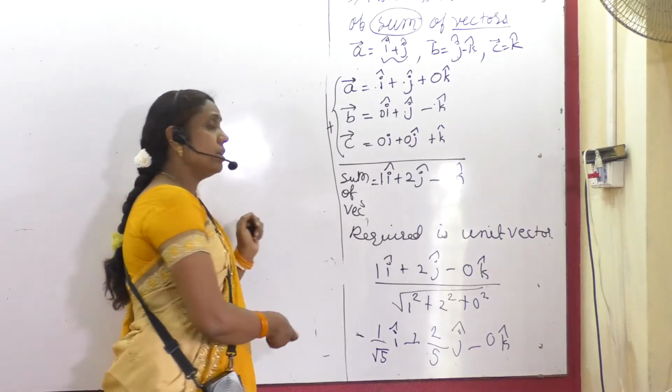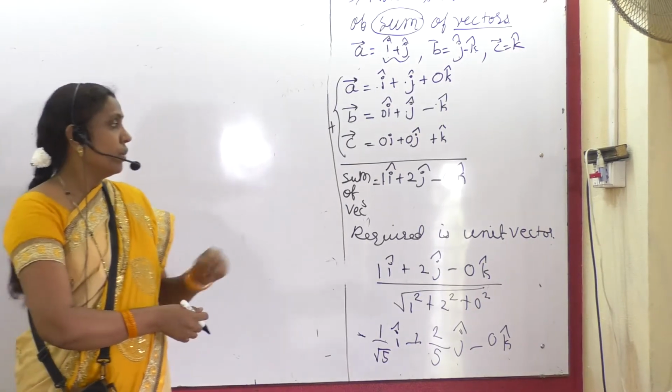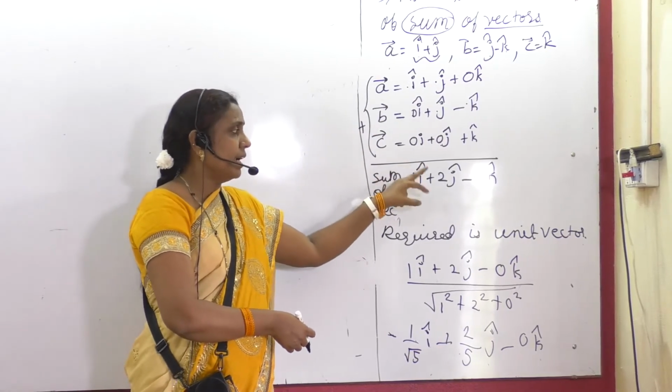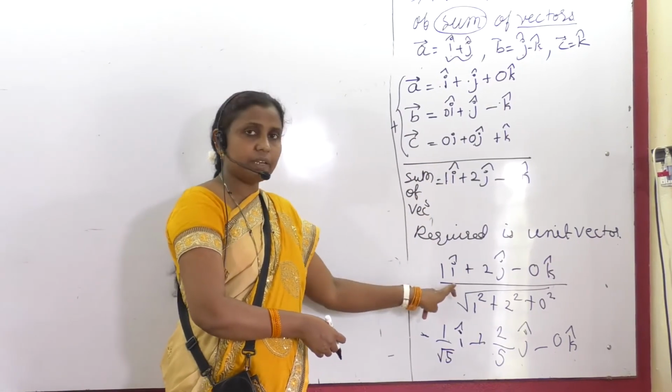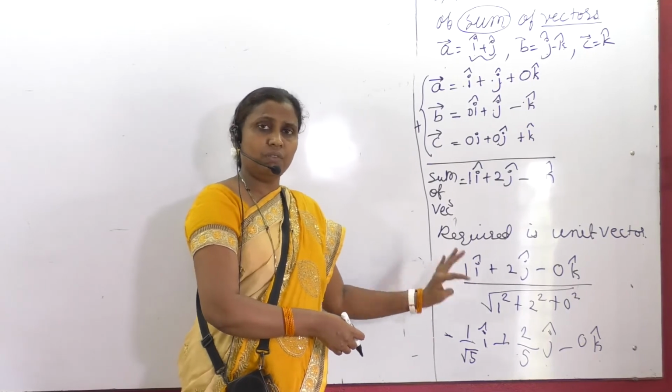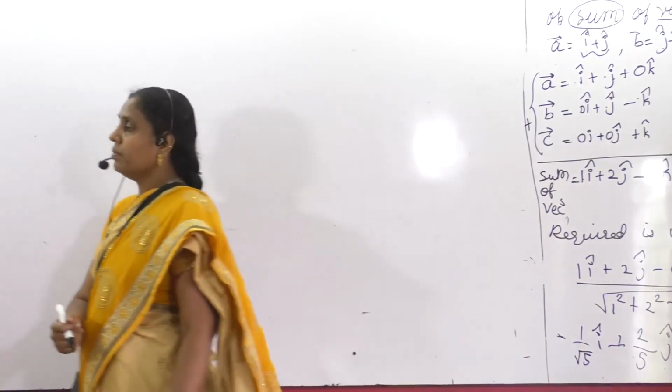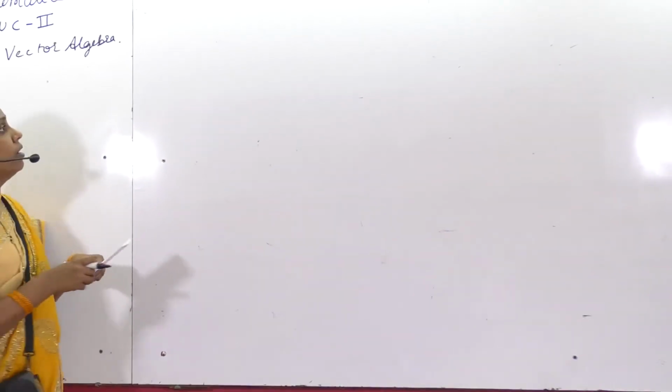So this is the unit vector. Got it students? Very simple, no? You have to add it up, get one new vector, and find its unit vector using the known formula. Right? Very simple. Okay. Let us take the next question.